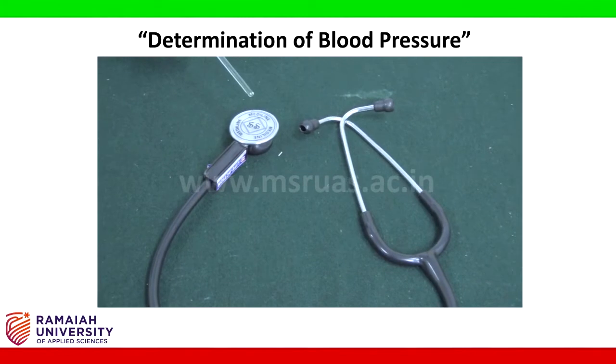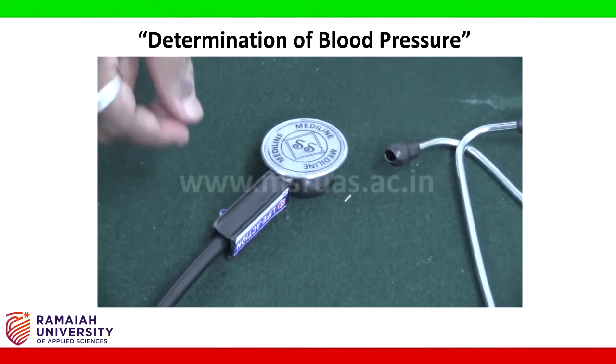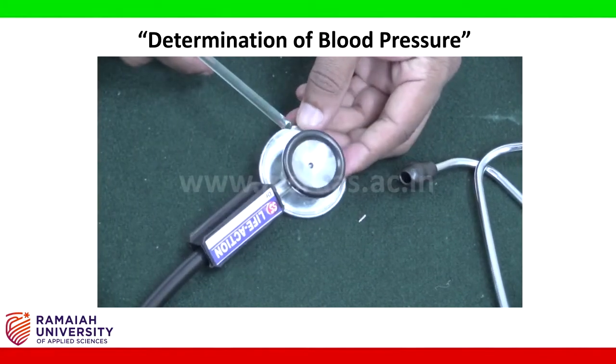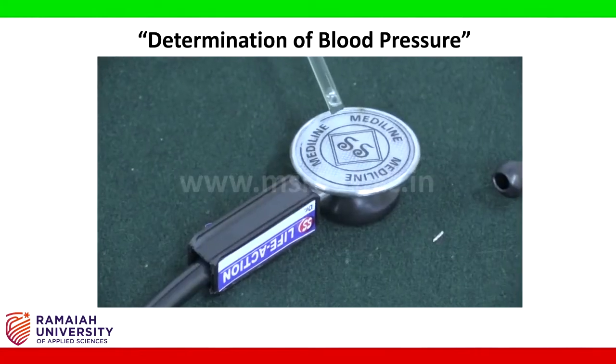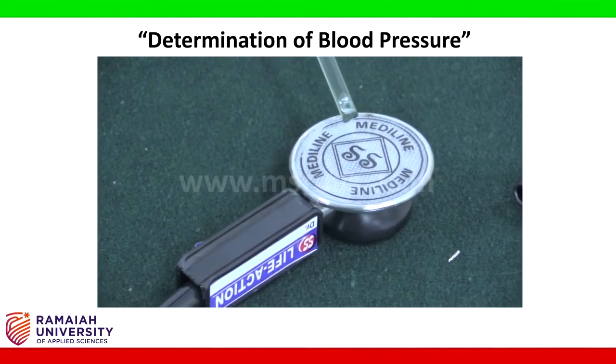Chest piece has 2 end pieces. One is called bell and other surface is flat diaphragm. The plastic diaphragm causes magnification of low pitched sounds.